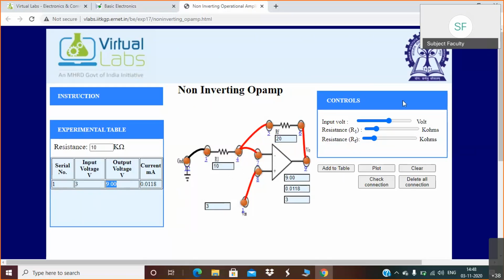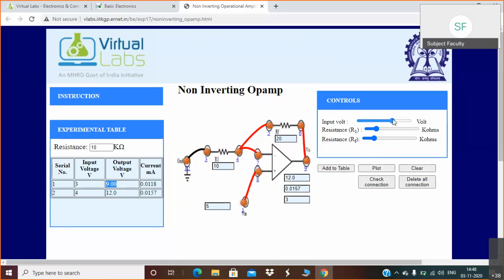Okay, so now you can keep this gain constant and just vary the input voltage. Now I have taken input voltage as 4 volt. Now again I have to add this to the table. You can observe for 4 volt input, your output is 12, 4 multiplied by 3.